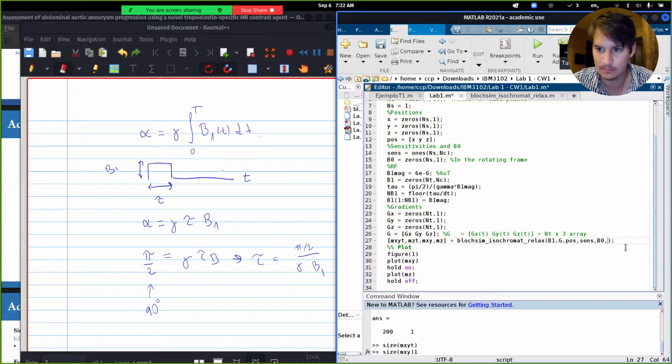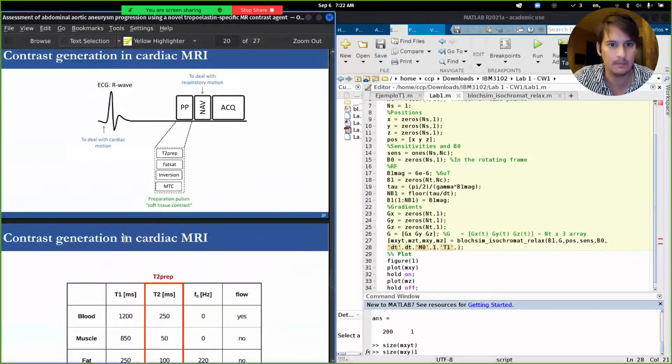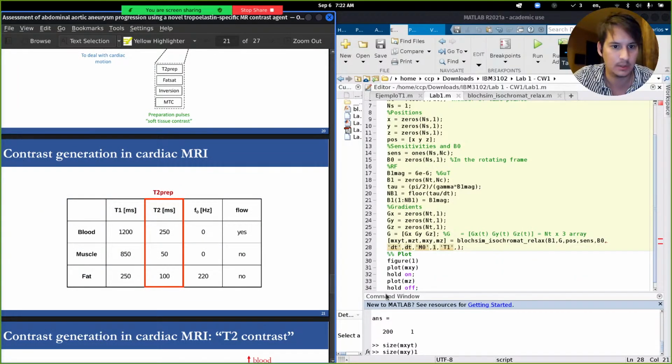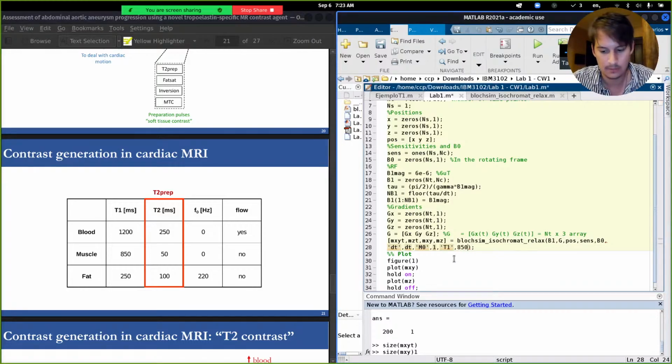Okay, so dt is equal to dt. m0 equals 1, that's the initial magnetization. T1, let's put the same as the one here for the cardiac muscle, that's 150 microseconds. And the T2 of the cardiac muscle is 50 microseconds.